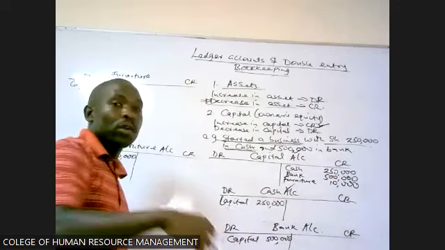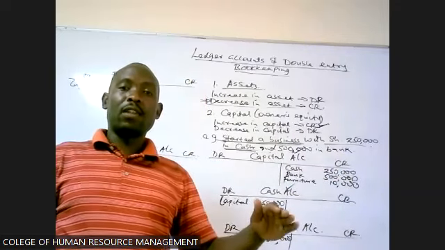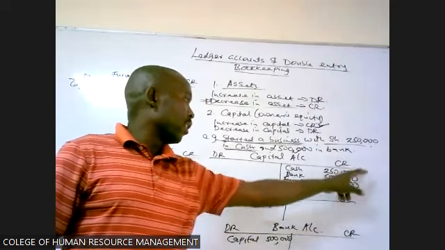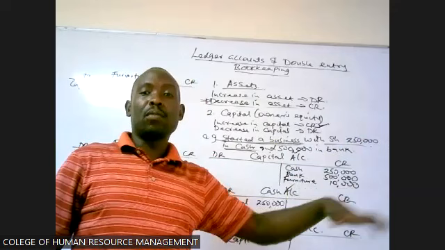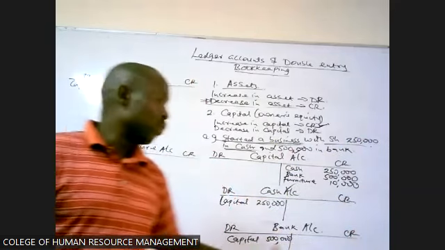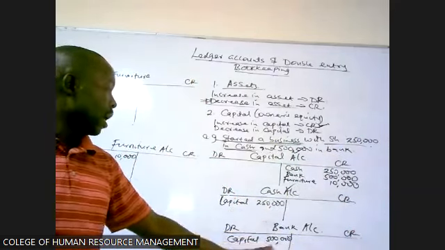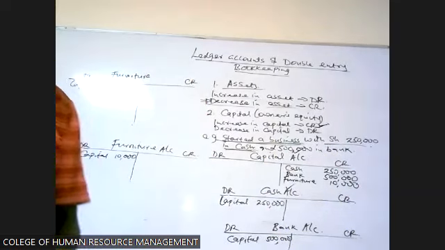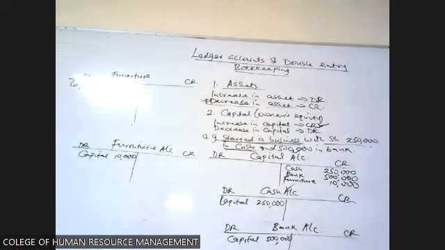So capital will always be credited in all the three scenarios, whether it is in cash or bank or furniture. In all cases, we credit capital because capital will be increasing. Then we shall be debiting either cash, bank, or furniture. Is it okay? Yes, it is okay.